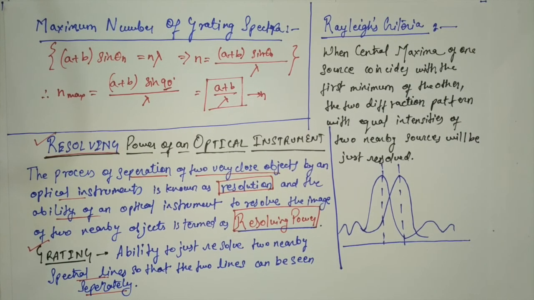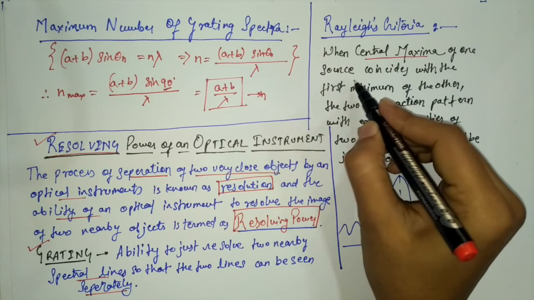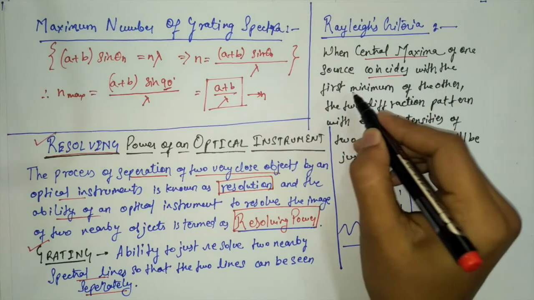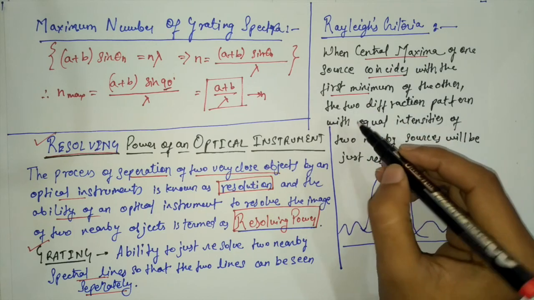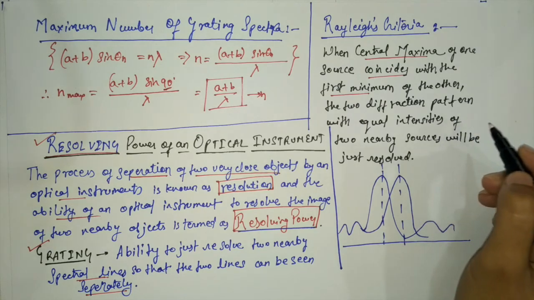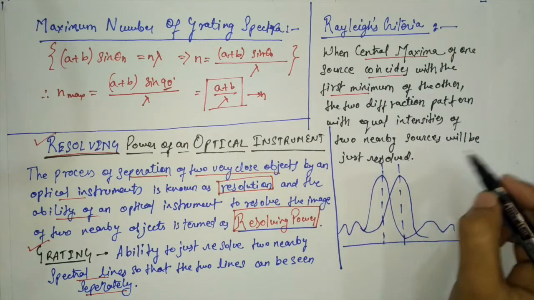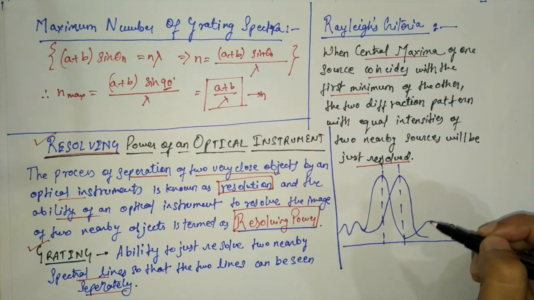Now let us understand what is Rayleigh's criterion. When the central maximum of one source coincides with the first minimum of the other, if there are two or more sources, the two diffraction patterns with equal intensities of two nearby sources will be just resolved. So this criterion is known as Rayleigh's criterion.